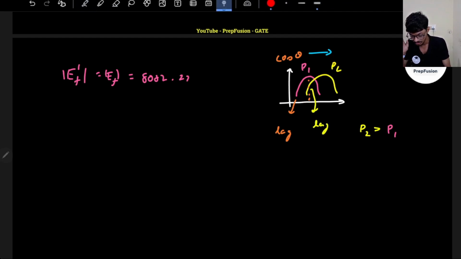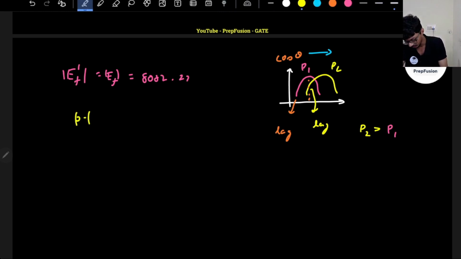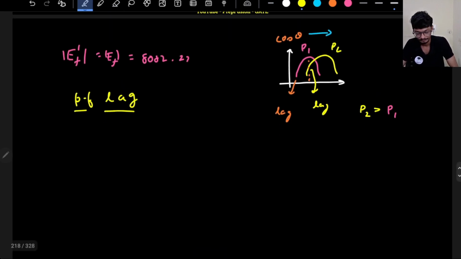So we don't need to assume, it will be lagging only. We got the information. This is hidden information, and trust me, this method no one will teach you. Intuitive way. So power factor will be lagging only.